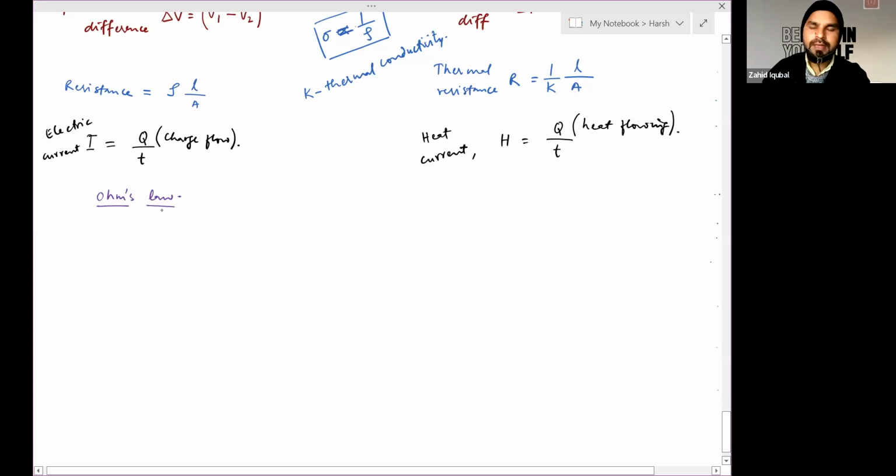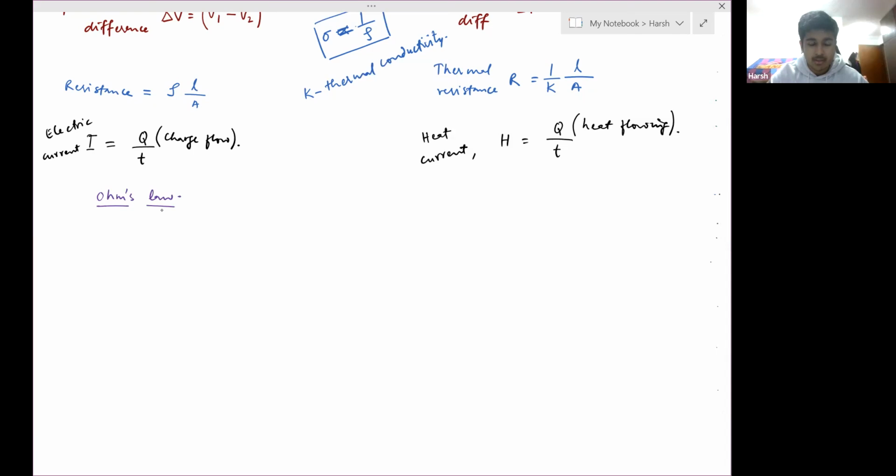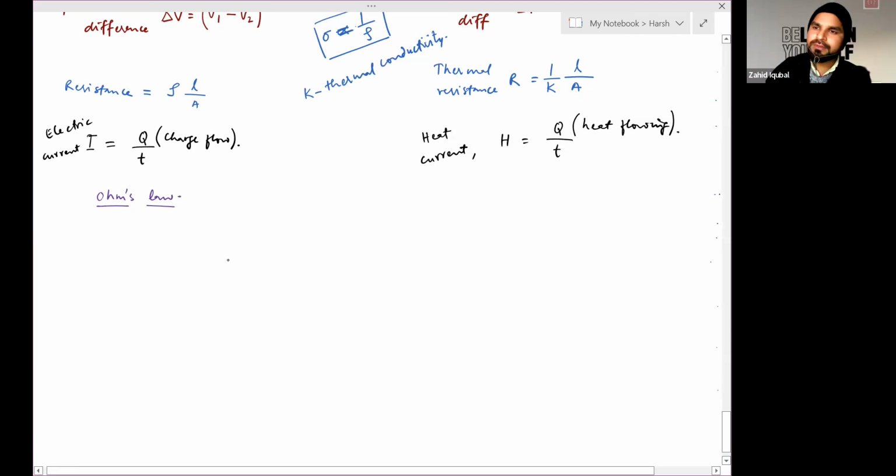It states that at constant temperature, keeping other physical parameters of the conductor constant, the more potential difference you supply through a particular substance, the more current will flow through it. It means potential difference is directly proportional to current flowing through it.